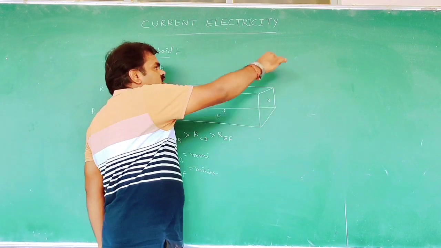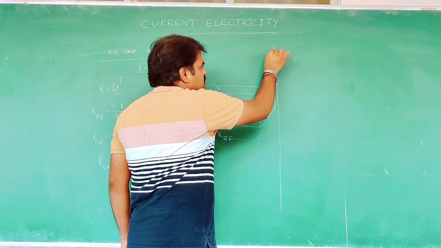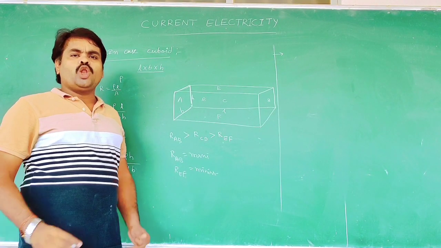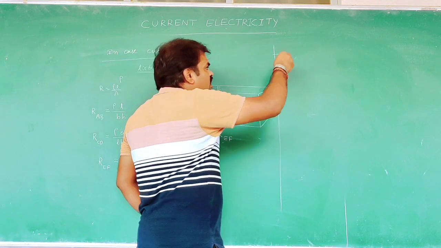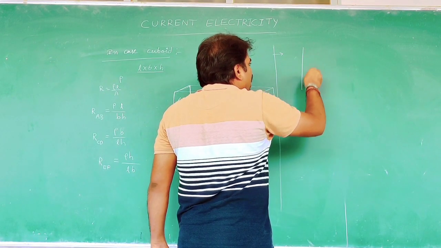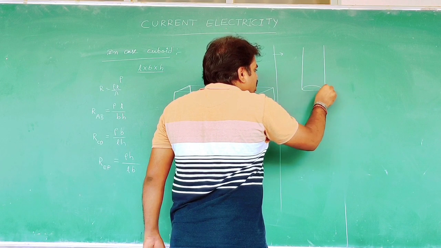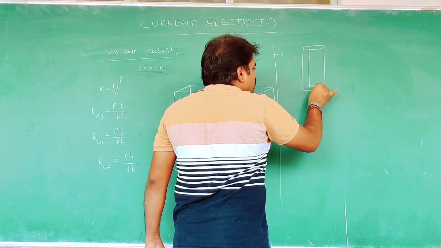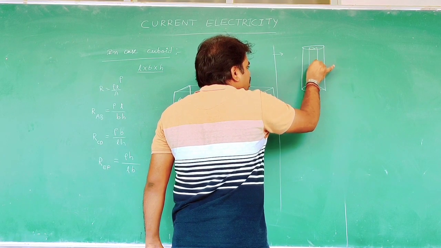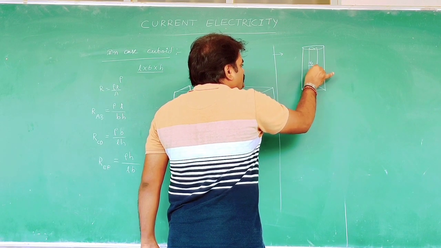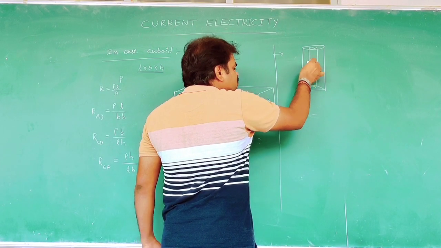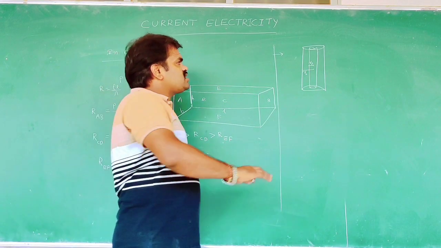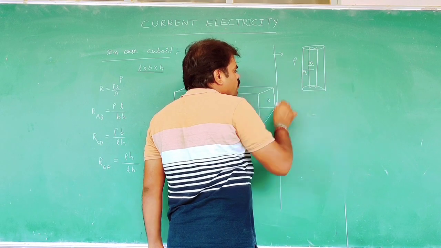Now we are going to discuss another application of resistance. For a hollow cylinder, the inner and outer radii are Ri and R0. The resistivity of the cylinder is rho.